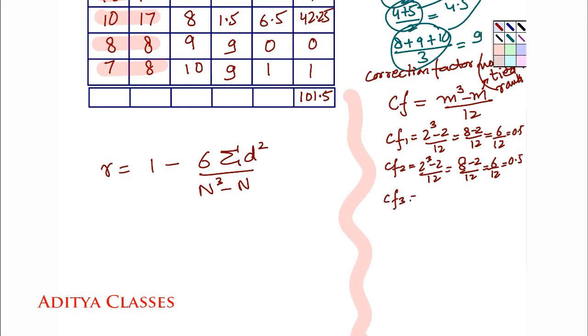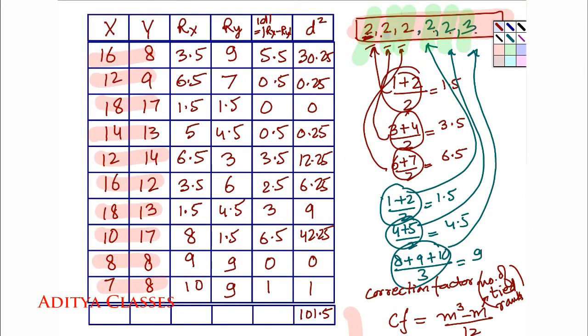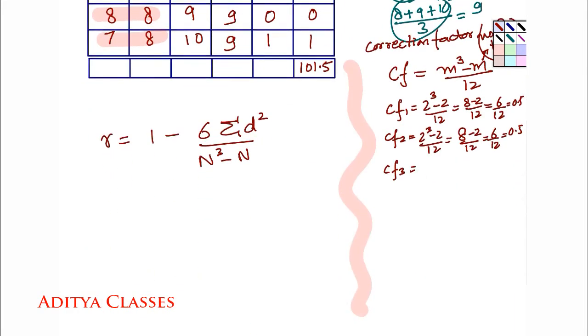Third time correction factor, again for 2, again for 2, again for 2. So 5 correction factors are the same for 2 tied ranks. They'll all come as 0.5 only. Fifth correction factor is 0.5.